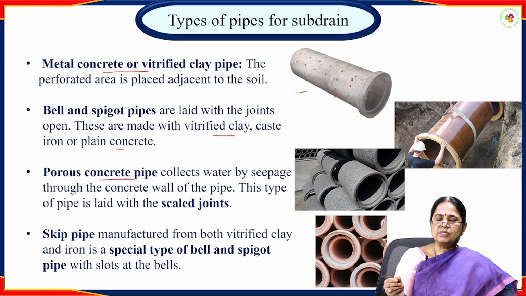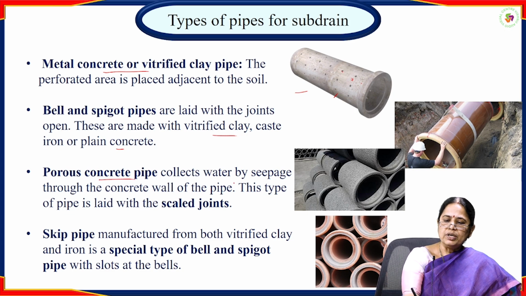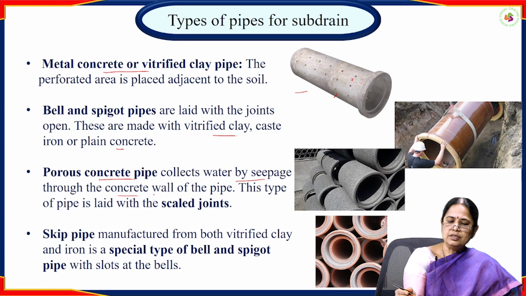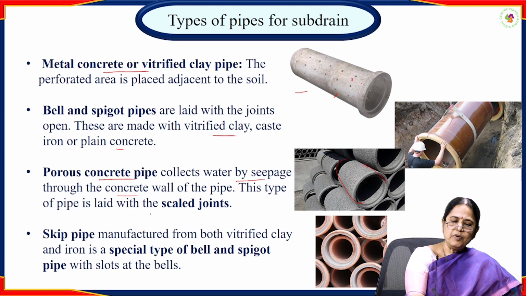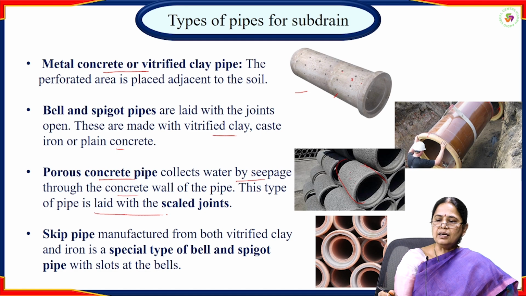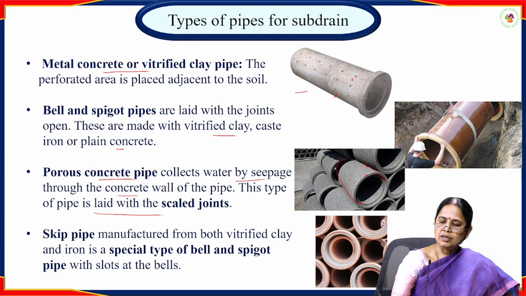Porous concrete pipes collect water by seepage through the concrete wall of the pipe. You can observe here there is a perforated area around the pipe wall. This type of pipe is laid with sealed joints. Here the pipe is not projected at the end.